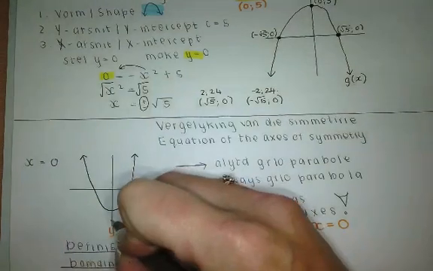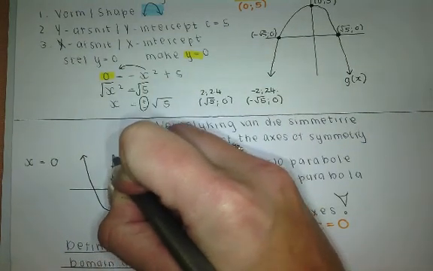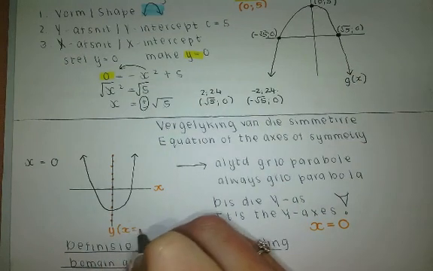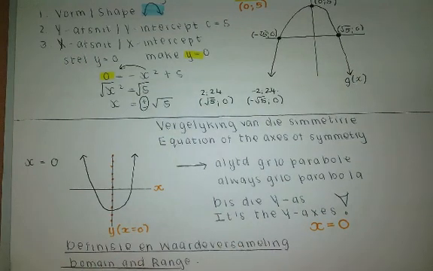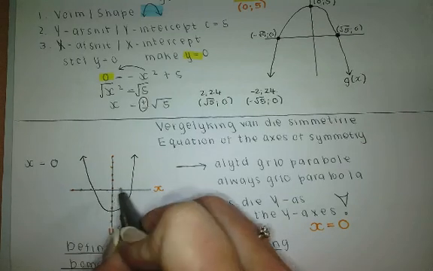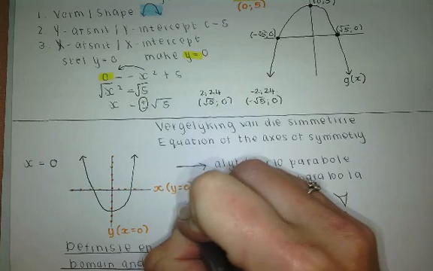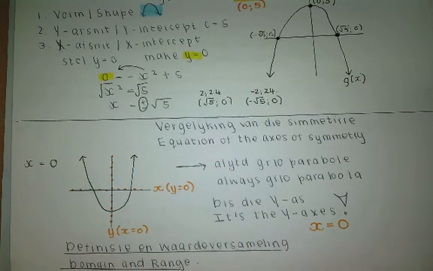On your y-axis, any point that lies on this line, grade 10s, does it have an x value? Okay, that's why we call it the x equals 0 line. Do you understand? And any point that sits on your x-axis, does it have a y value? So this will be the y equals 0 line. So, in grade 10, what is your equation of the axis of symmetry for a parabola? Always. x equals 0.